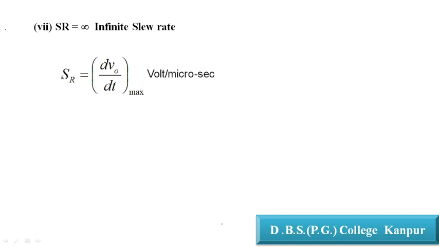For an operational amplifier it should be infinite, and its unit is volt per microsecond, meaning time is taken in microseconds. In many questions there are questions about the unit of slew rate. The unit of slew rate is volt per microsecond.